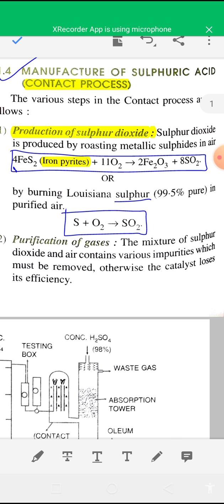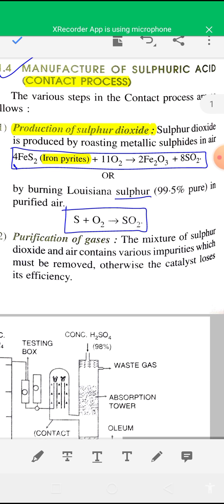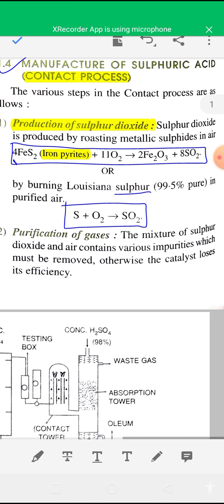After obtaining sulfur dioxide, the second step is purification of gases. The mixture of sulfur dioxide and air contains various impurities which must be removed, otherwise the catalyst loses its efficiency.